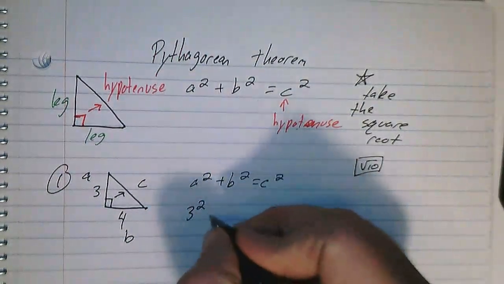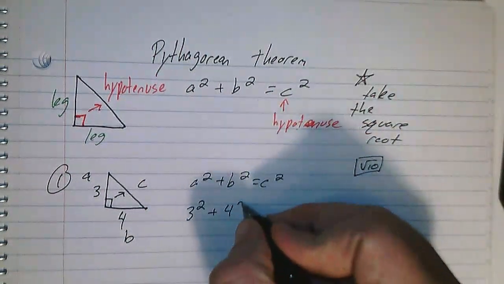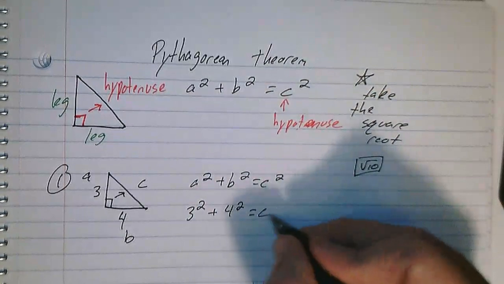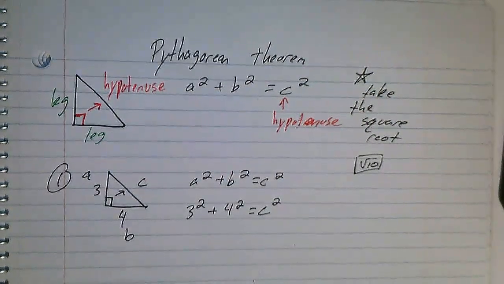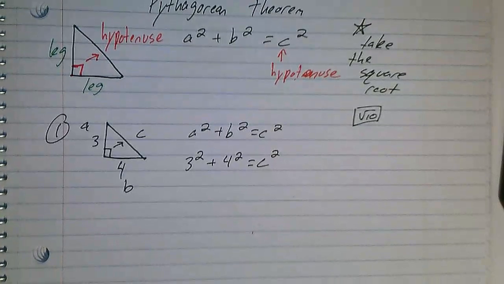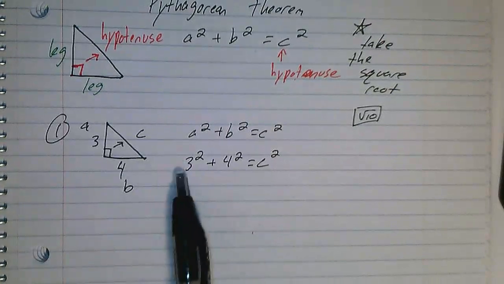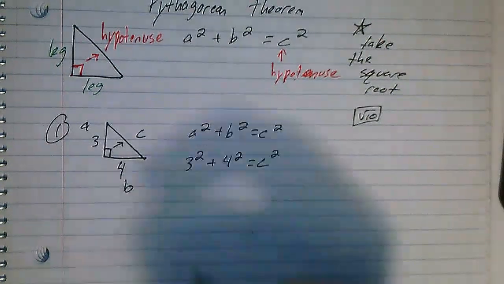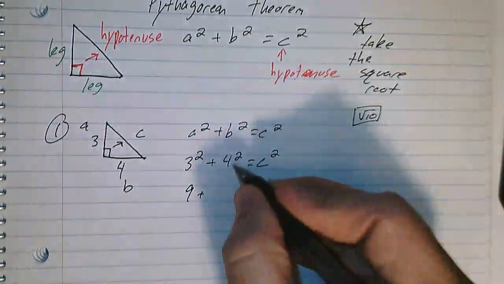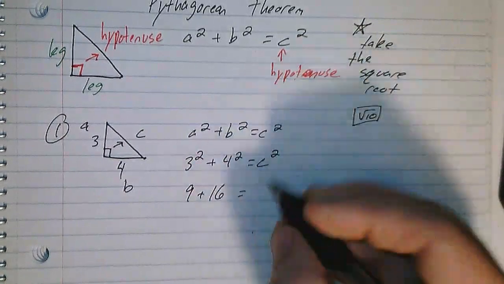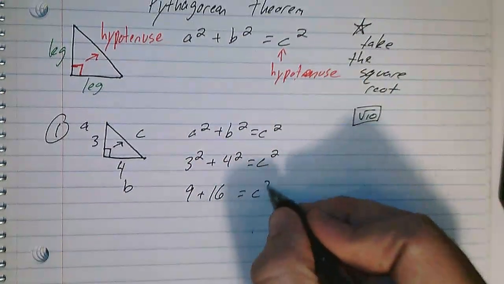So 3 squared plus 4 squared equals C squared. Squaring something means we multiply the base times itself. So 3 times 3 is 9. 4 squared is 16. And this still equals C squared.